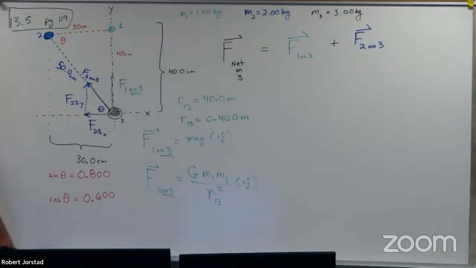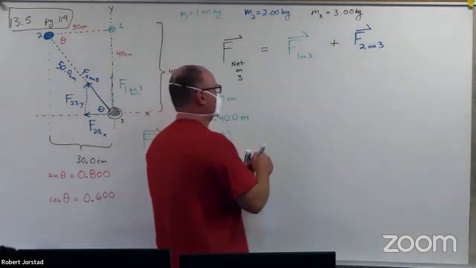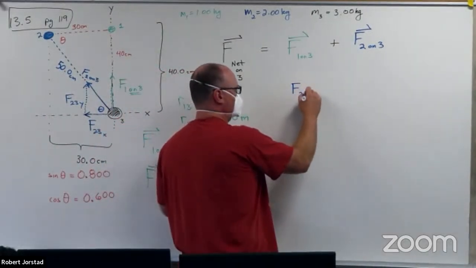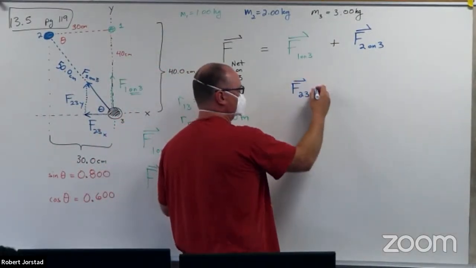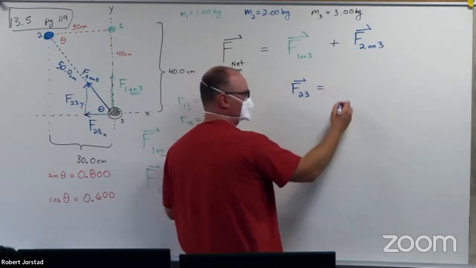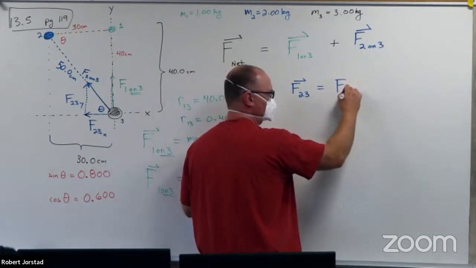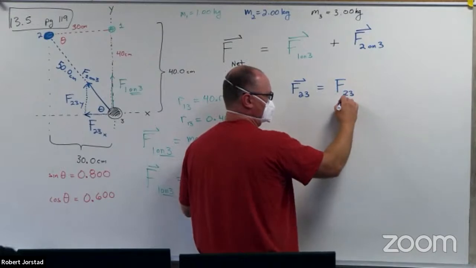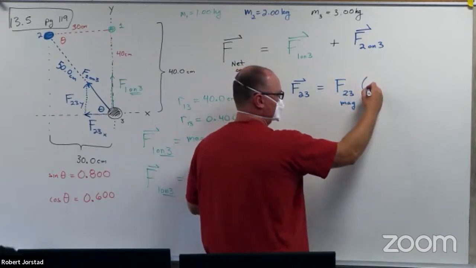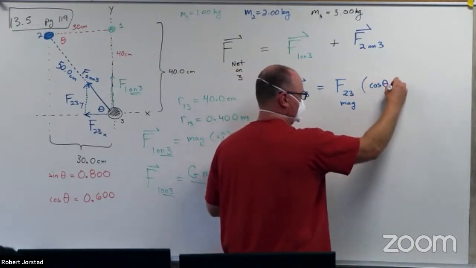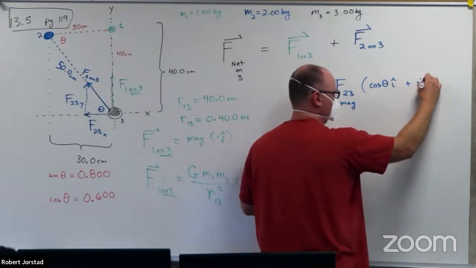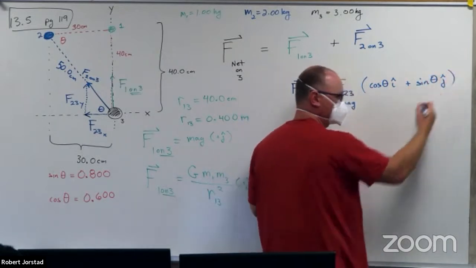All right. Well, let's do this over here. Force 2,3 vector should equal force 2,3 magnitude times cosine theta in the i hat plus sine theta in the j hat.